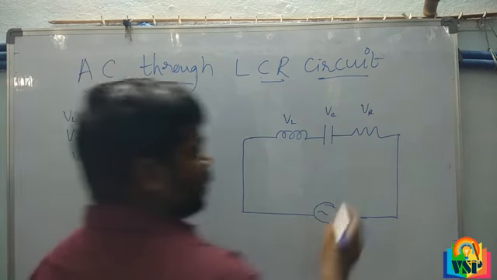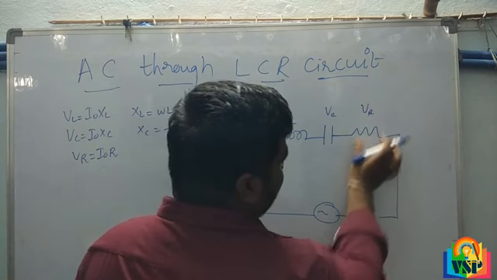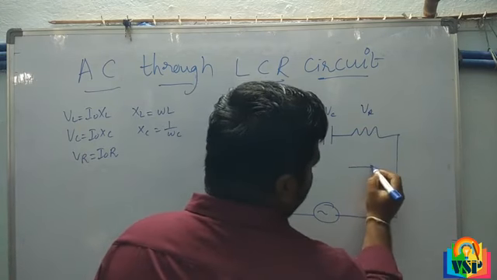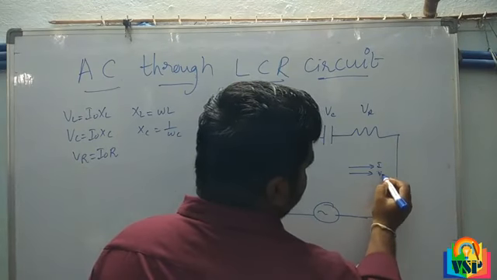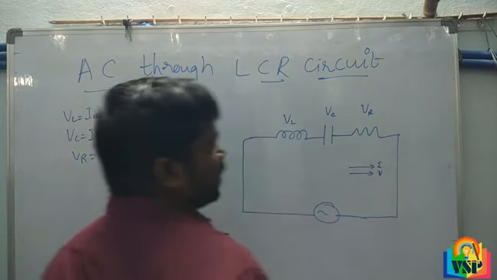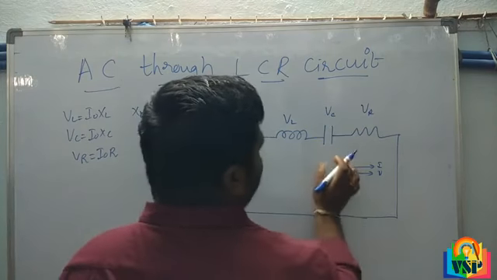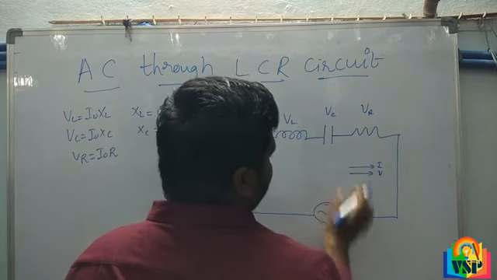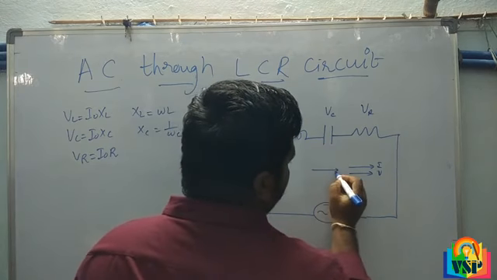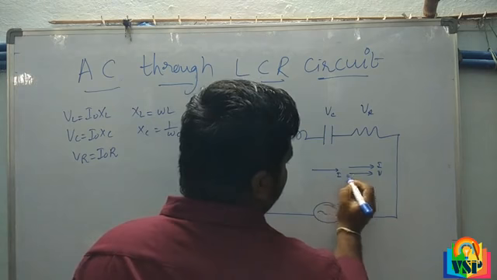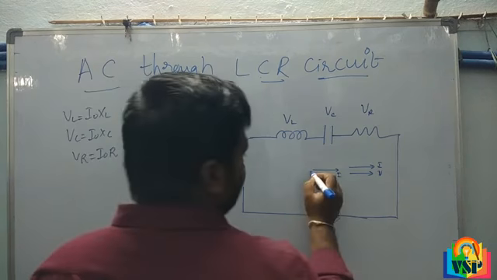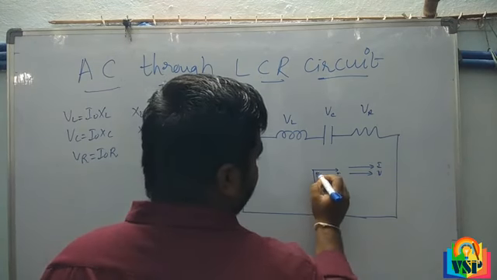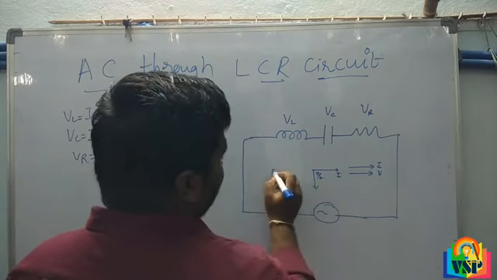According to the phasor diagram, whenever a resistance is connected to an AC source, the angle between current and voltage is 0. Whenever a capacitance is connected to an AC source, the angle between current and voltage is 90 degrees, pi by 2.